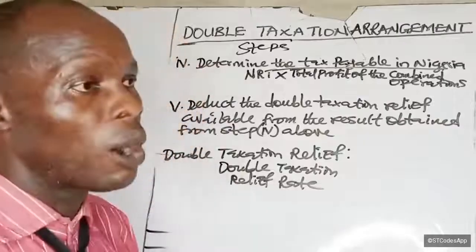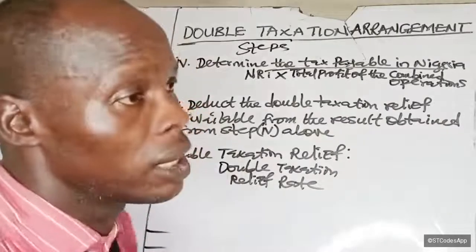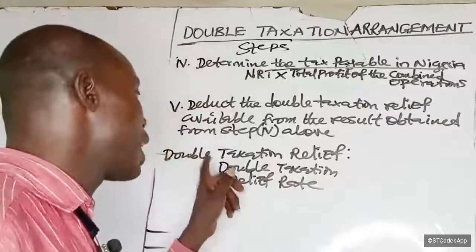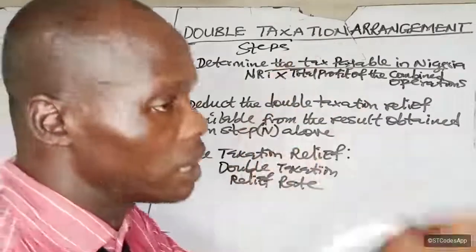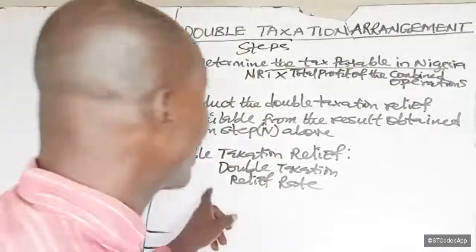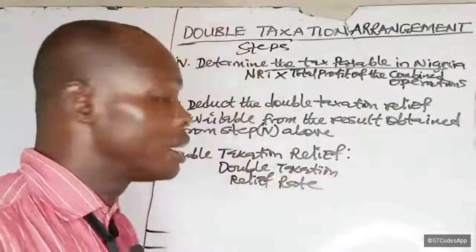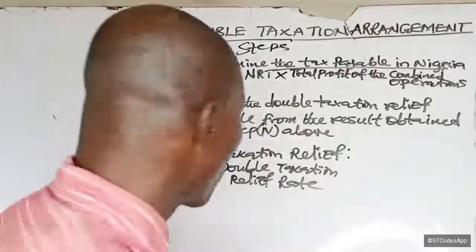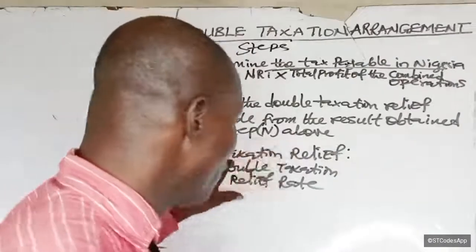And for a non-Nigerian company, if the Commonwealth rate is less than half the Nigeria rate, the relief shall be half of the Commonwealth rate. But if the Commonwealth rate is greater than half the Nigeria rate, the relief shall be the Nigeria rate minus half of the Commonwealth rate. So that will be the relief available here.